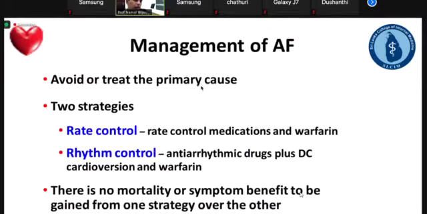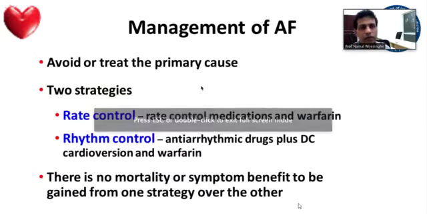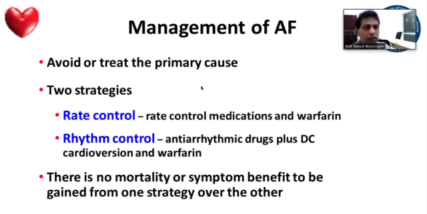There are studies that have compared the rate control strategy and the rhythm control strategy and found that there is no mortality or symptom benefit of either of these strategies. So especially in elderly people with underlying cardiac problems, the best is to go for rate control.